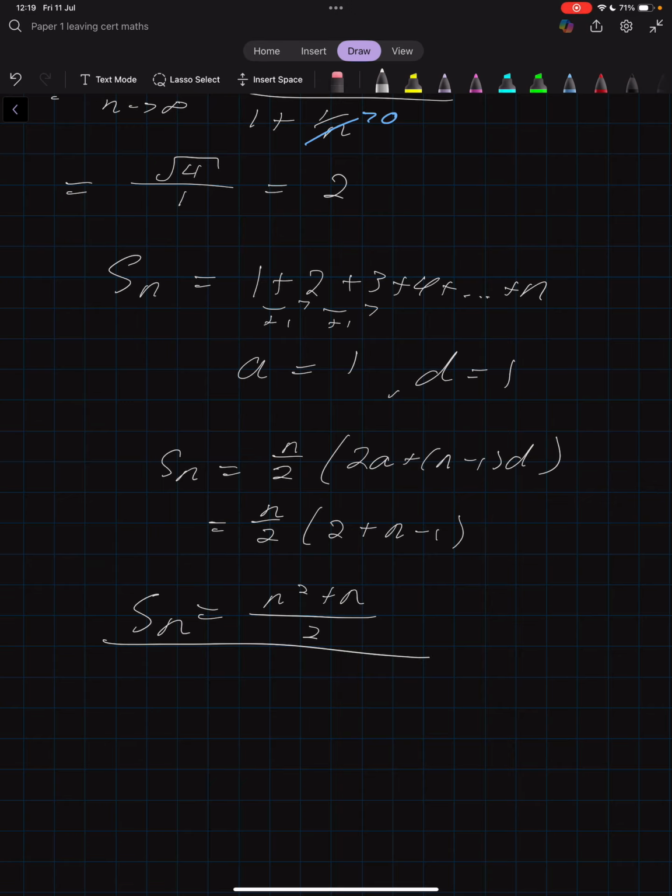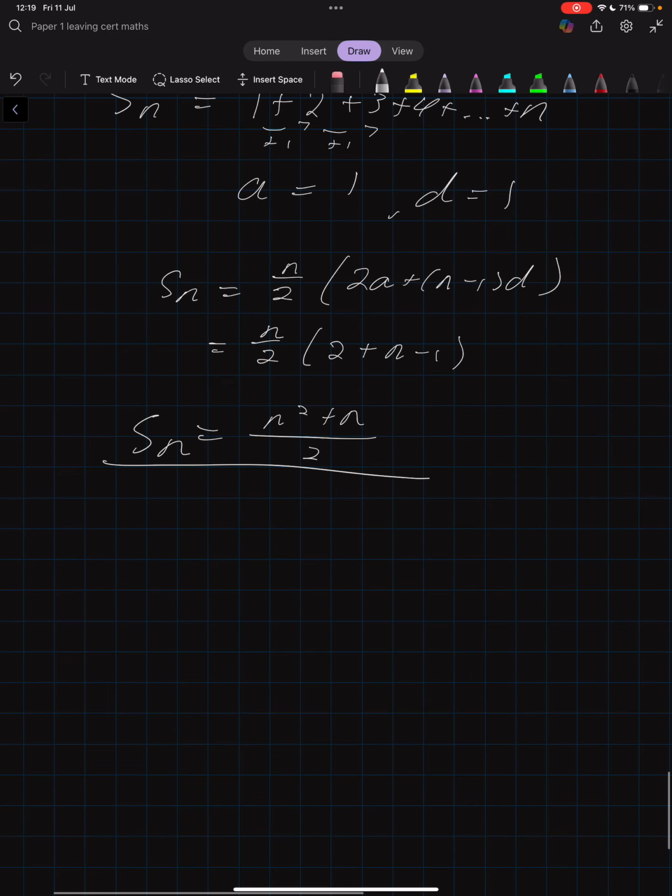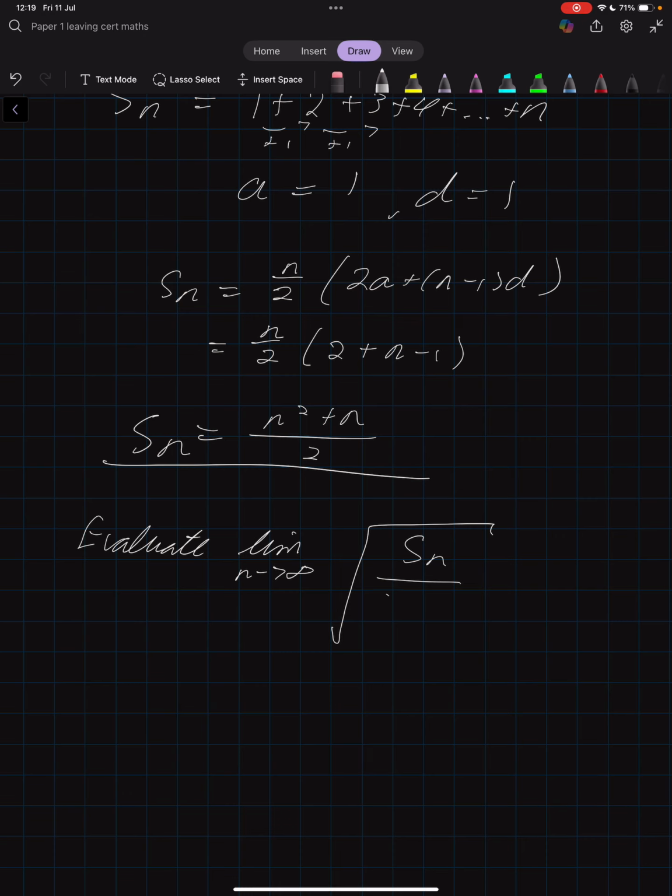Okay? And now what they ask you to do is they ask you to evaluate the limit as n goes to infinity of the square root of Sn over 3n squared. So let's do that.